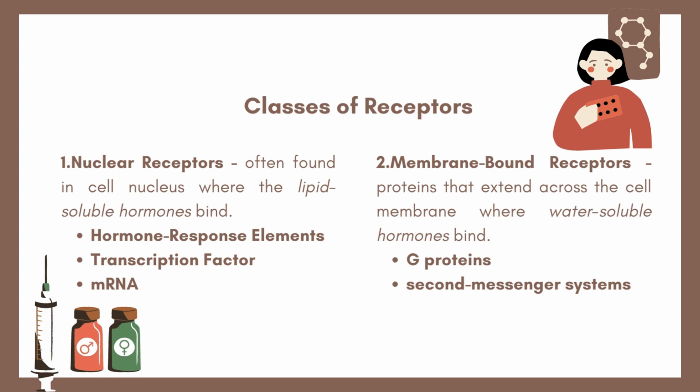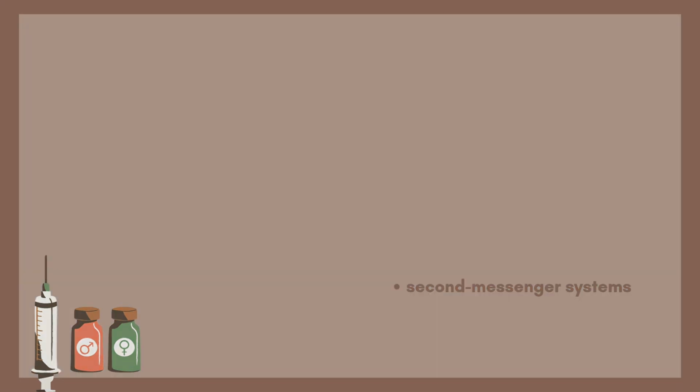In this way, a small amount of hormone can trigger the formation of a large amount of cellular product. The second messenger systems act rapidly because they act on already existing enzymes. They have signal amplification, which means that a single hormone activates many second messengers, each of which activates enzymes that produce enormous amounts of final product.